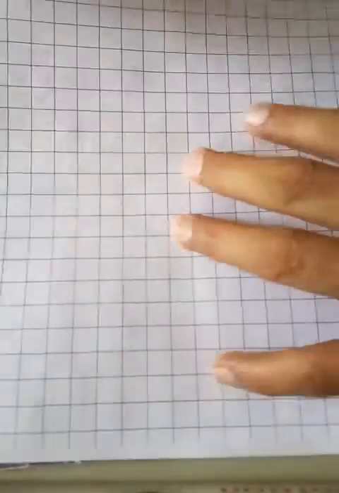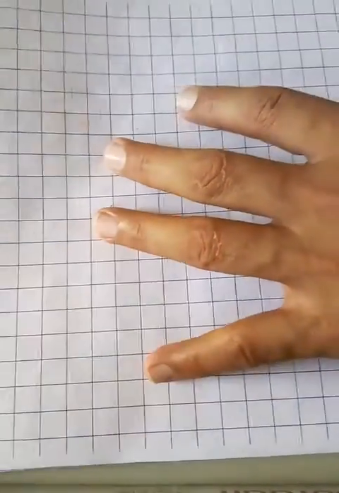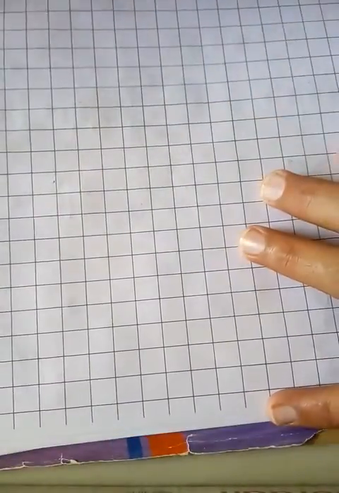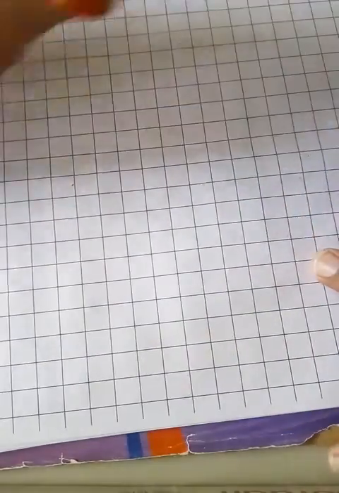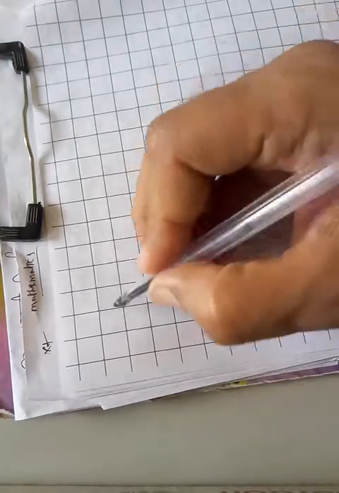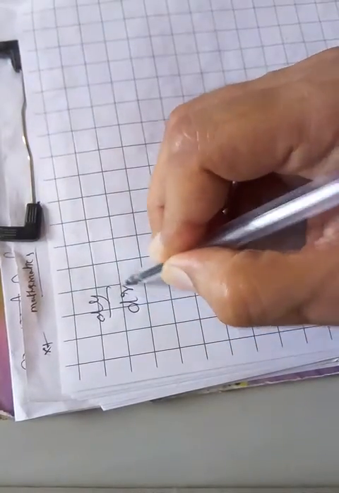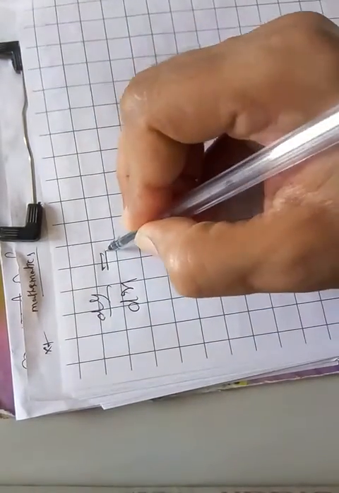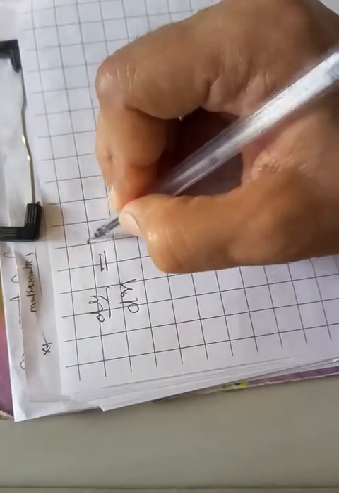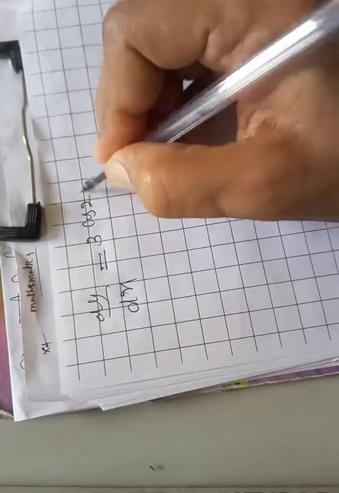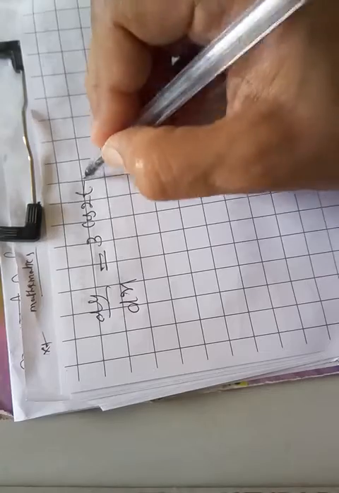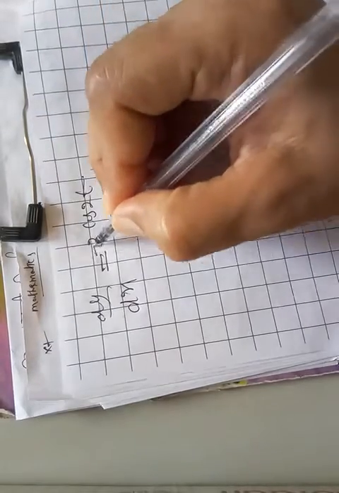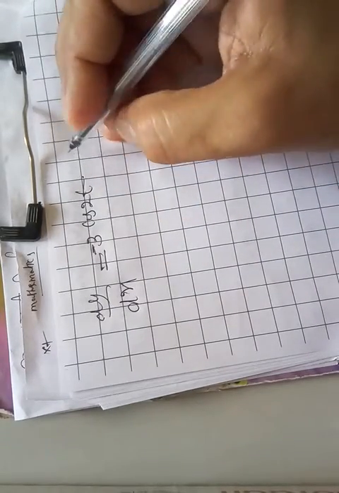Sin t cos t common, so dy/dx equal to 3 cos 2t minus 3 cos 2t.